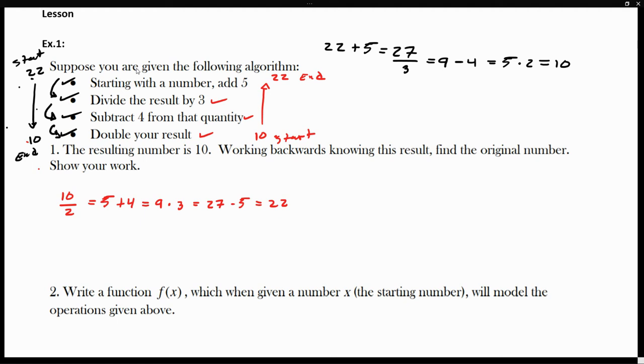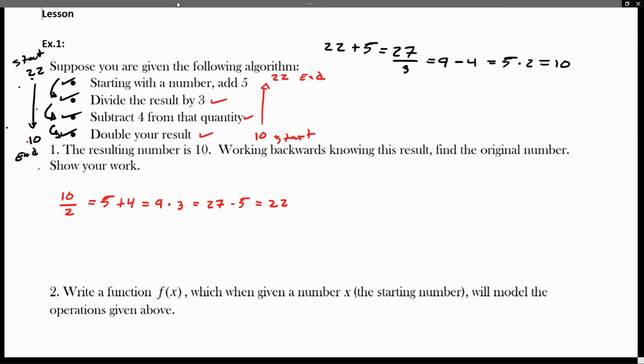If we say that the red steps illustrate another function, I plug in 10 and end up with 22, which is exactly the opposite. Think about this as being the domain and the range. The domain of this function is 22 and the range is 10. What an inverse function does is take the range of the original and give you the domain of the original. It's just doing the opposite of what the function was originally doing.